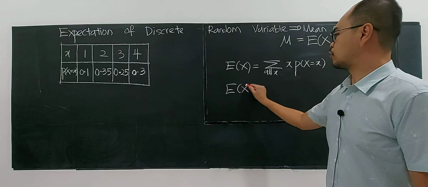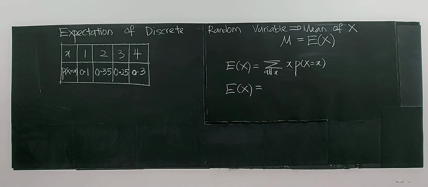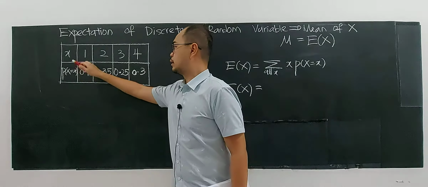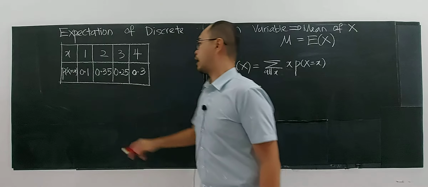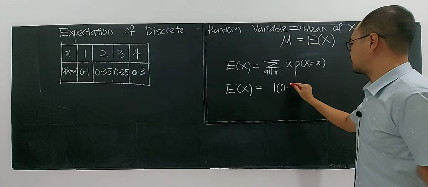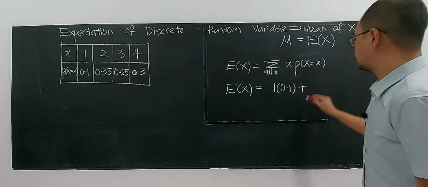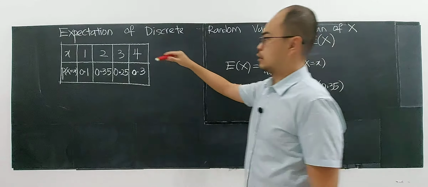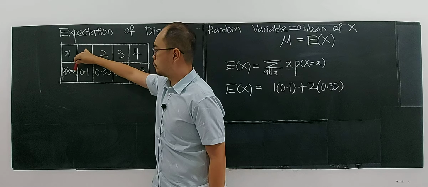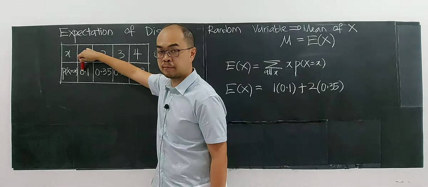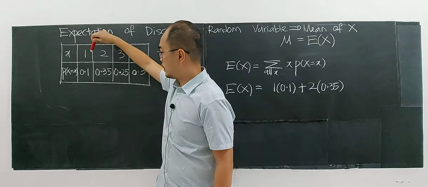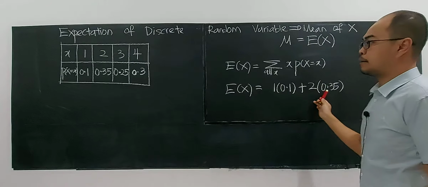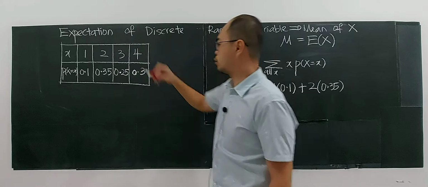If you want to find E(X), the mean of this probability distribution table, we just take the value of x multiplied with 0.1, that is 1 multiplied with 0.1, plus 2 multiplied with 0.35, and plus 3 multiplied with 0.25.